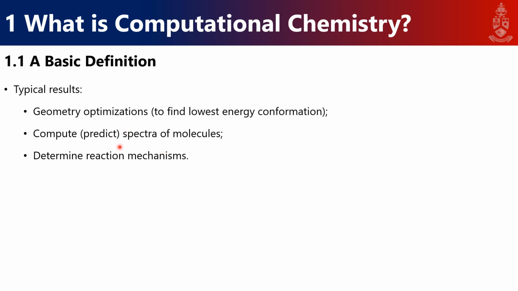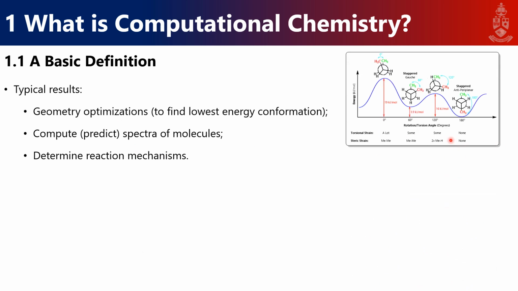You can also do geometry optimizations. Remember in your first year organic chemistry, you looked at the conformational analysis of butane. And you had those gauche and anti-periplanar arrangements that you looked at through Newman diagrams. Computational chemistry can help calculate this graph that you see here.